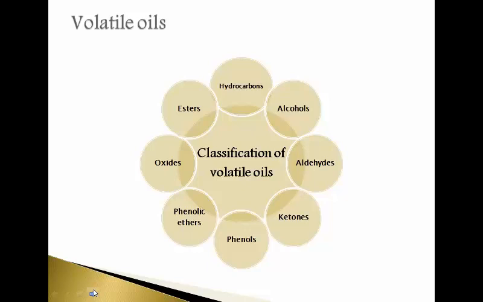So they can be simple hydrocarbons, alcohols, aldehydes, ketone, phenols, phenolic ethers, and oxide. A number of constituents present in volatile oils, according to which they are classified into different groups.